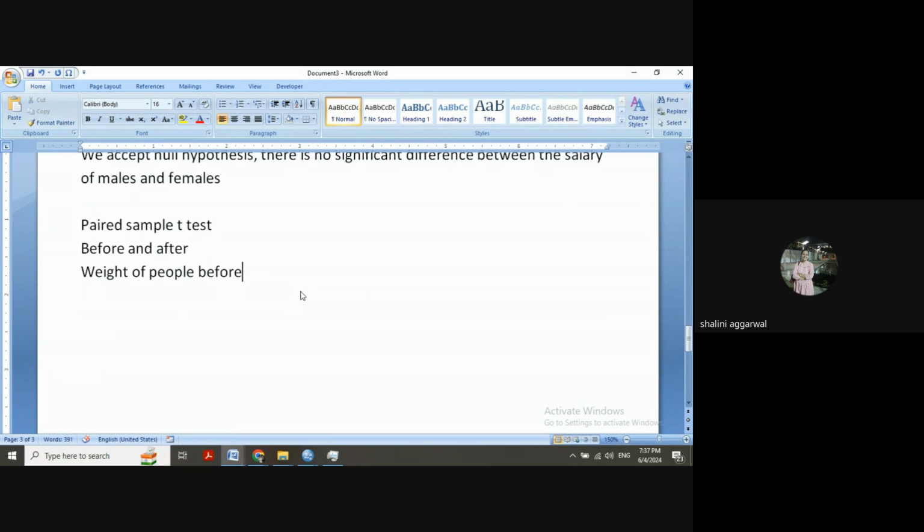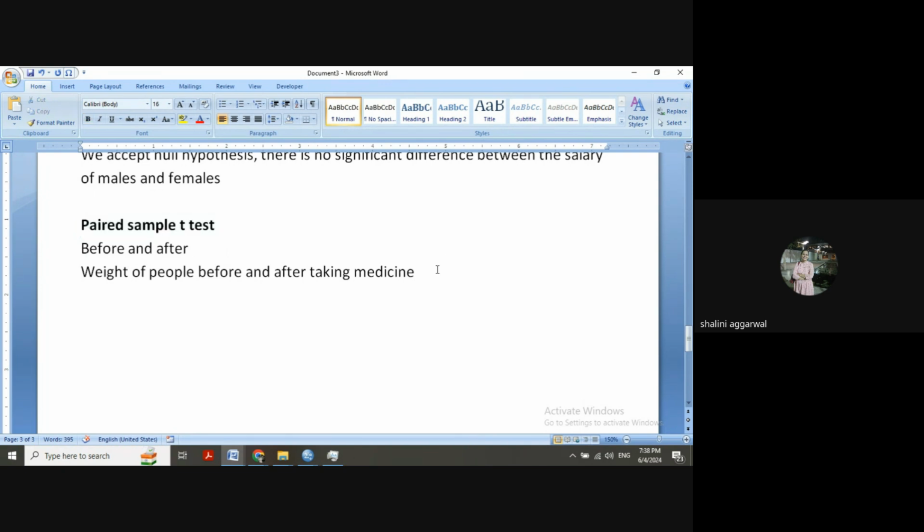So the weight of the people before and after taking medicine. This is your paired sample t-test. Here, before and after, we are going to check whether there is any significant difference in the weight before and after taking the medicine.